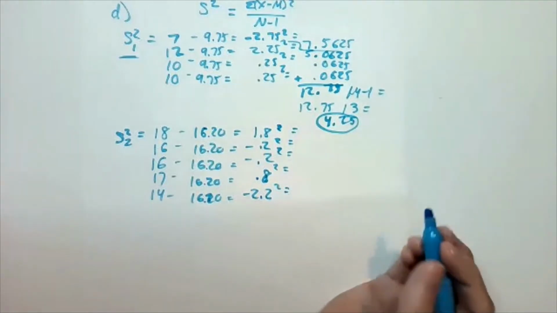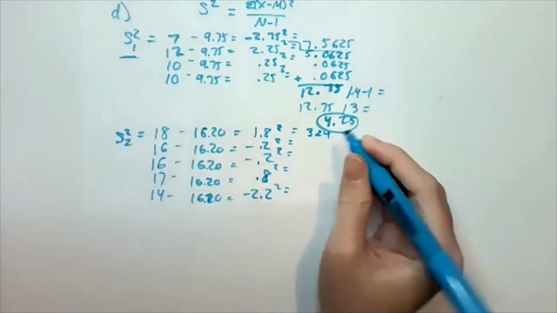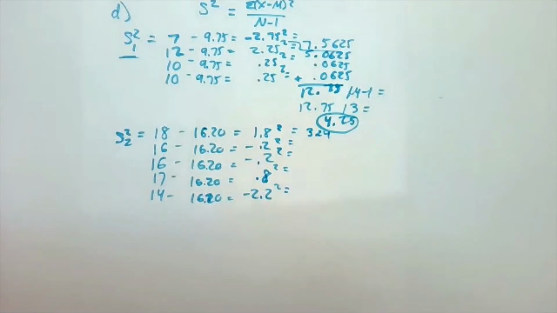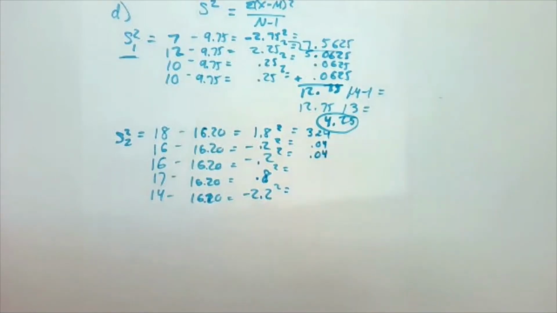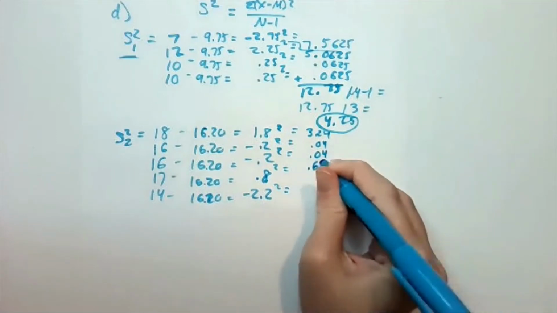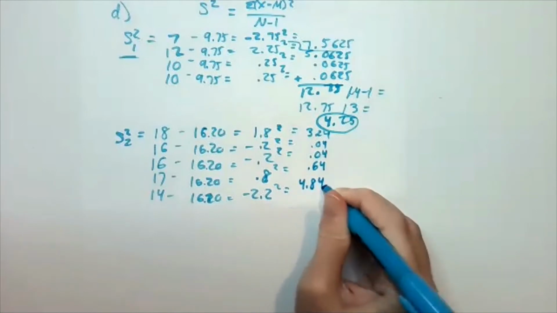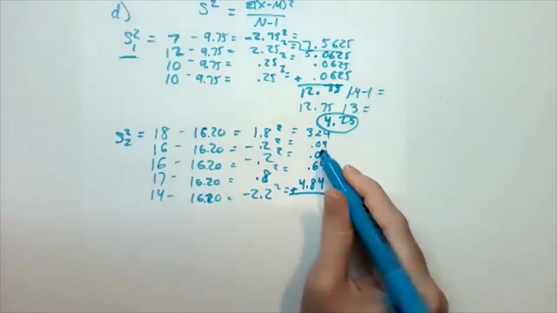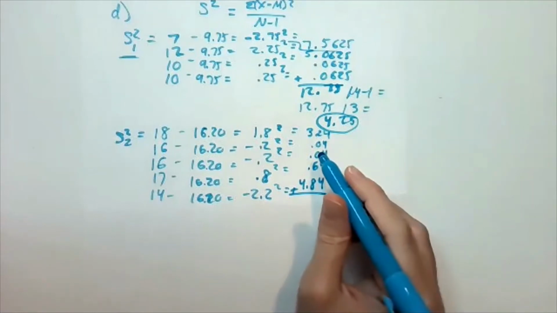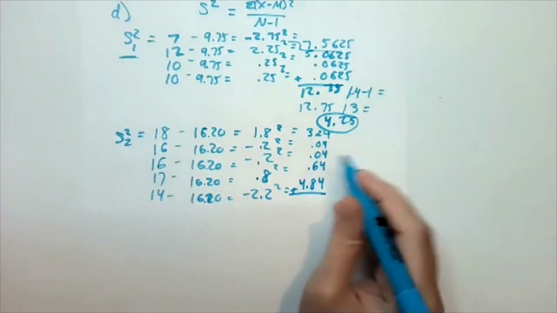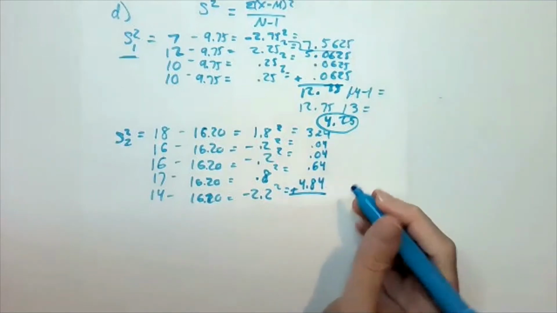As I square each of those, I'm going to get 3.24, 0.04, and the same thing here, 0.64, and 4.84. And again, when I'm doing this by hand, I like to line all my decimal points up, trying to make sure that everything is as neat as possible so I don't misadd anything as I'm going down my rows here.